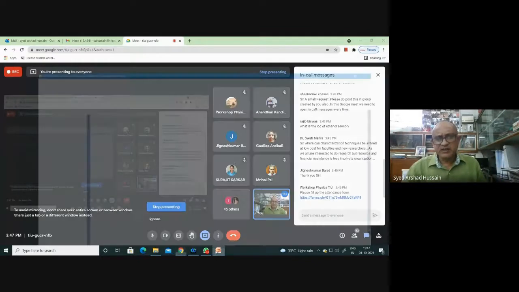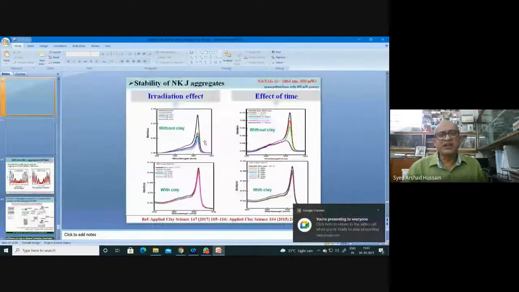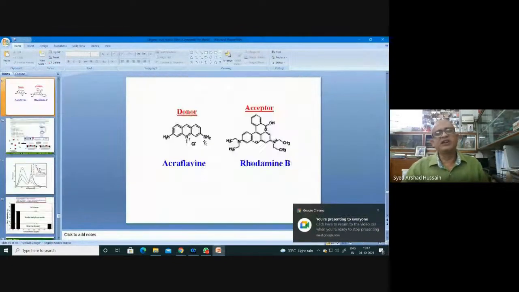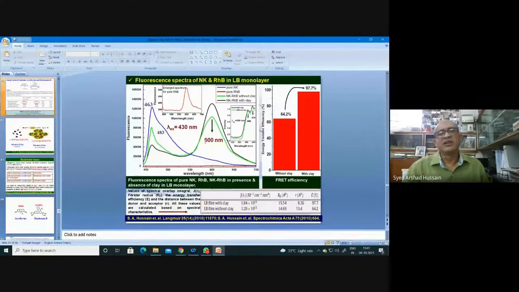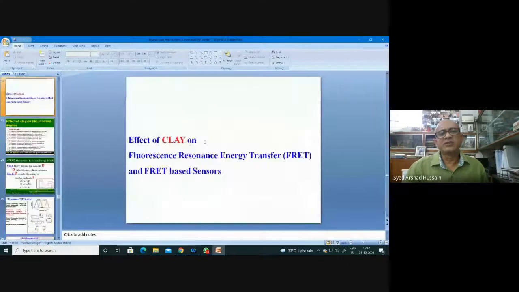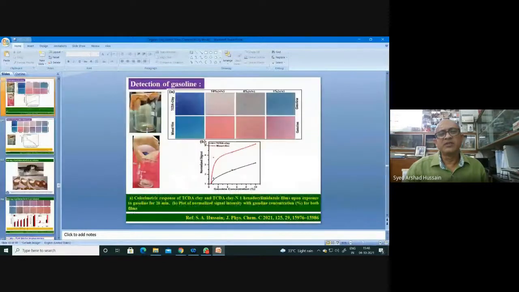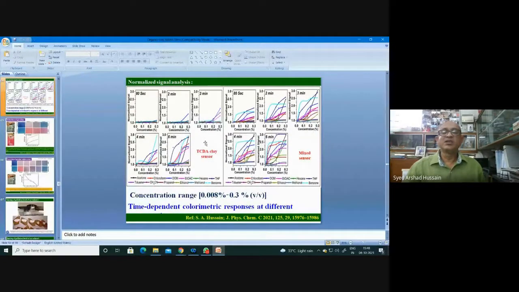It's different for different VOCs, different components. The lowest composition we have, I think it's 0.008% volume ratio. It can sense at the lowest level. But of course it depends on different components.